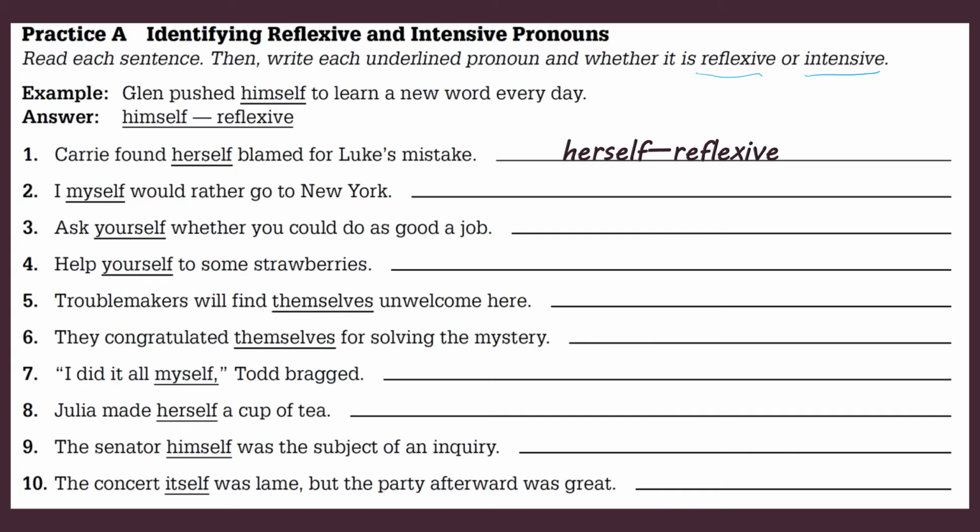Number 2. I myself would rather go to New York. So here, myself, the way I used it here, is it to direct an action of a verb? No. So it is being used for the sake of emphasizing. Therefore, it is intensive.